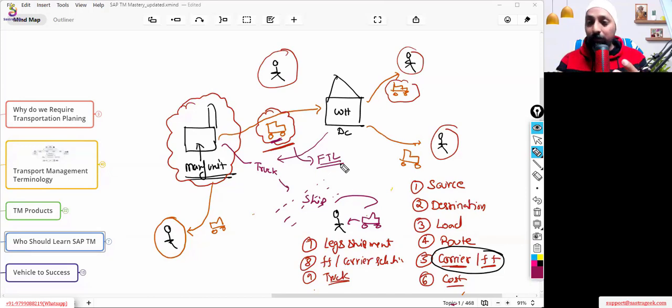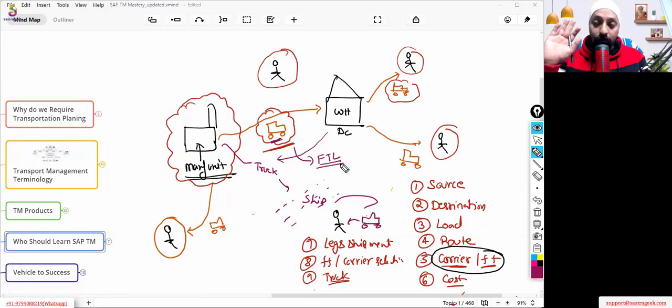We did one implementation in Turkey. With this transport management implementation, the system suggested that we should be using big trucks, and rather than sending one delivery, I can combine multiple deliveries and then use the bigger truck. Within the span of 5 years, the saving which happened due to using this big truck and combining the deliveries together to ship went into the millions.